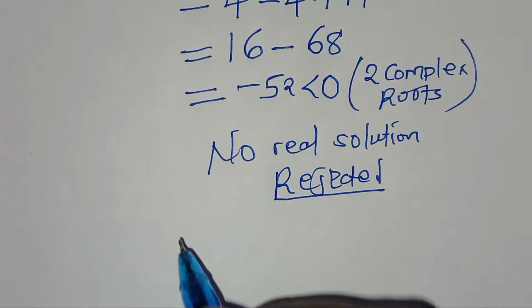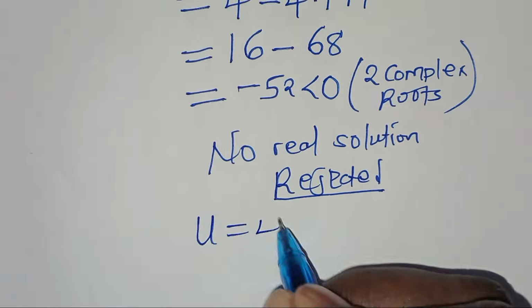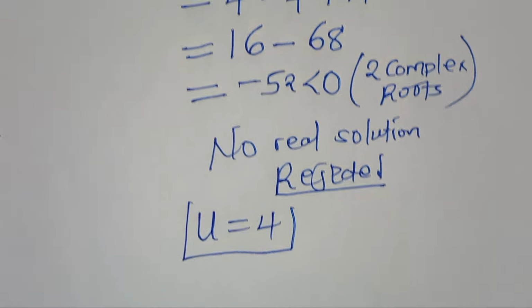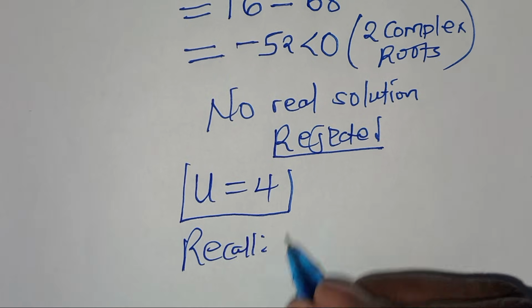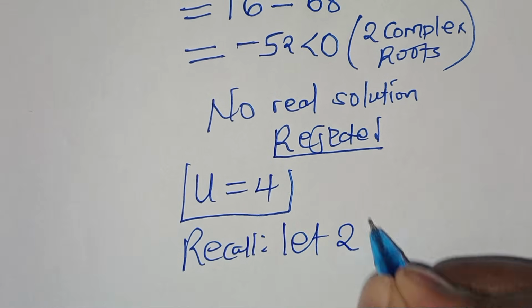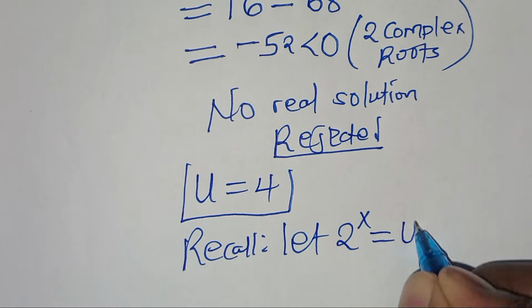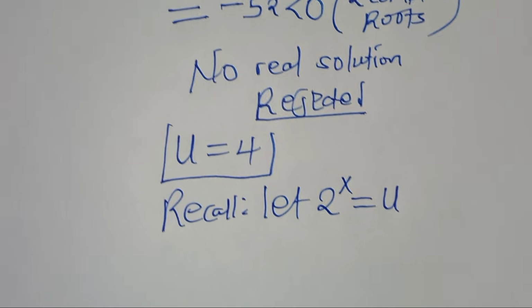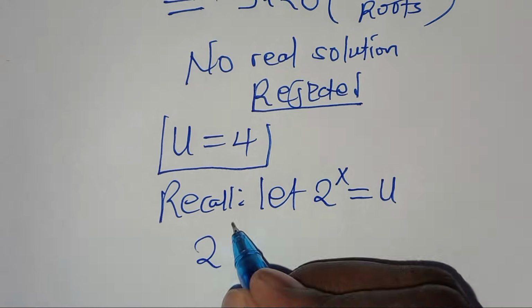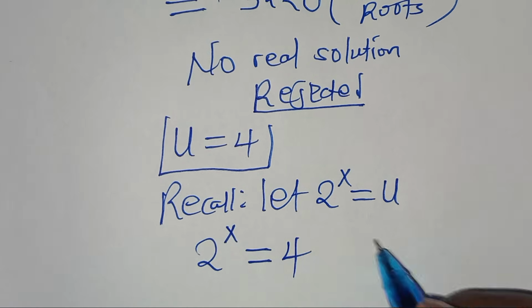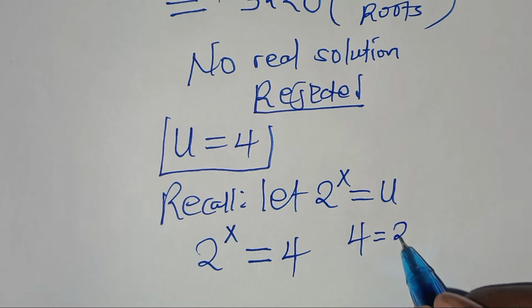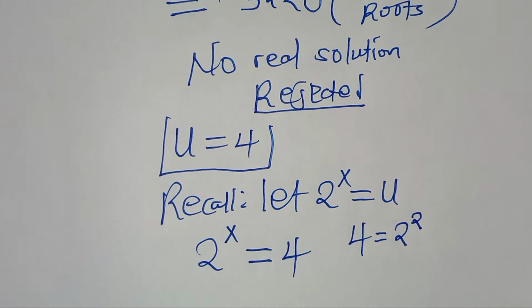So let's focus on u, that is equal to 4. Now, if you recall, we have seen that let 2 to the power of x be equal to u. So we have 2 to the power of x, this is equal to 4. We can express 4 as 2 to the power of 2.